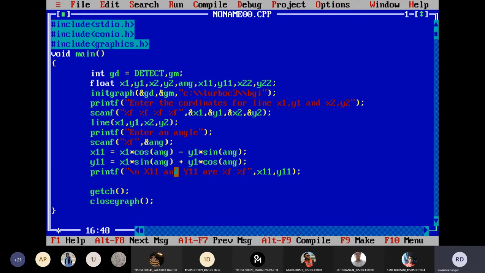So now, for example, my point is 100 and angle is 90. Then what could be the answer for x11 and y11? Can anyone tell me? I am talking about point 100. What should be the answer?